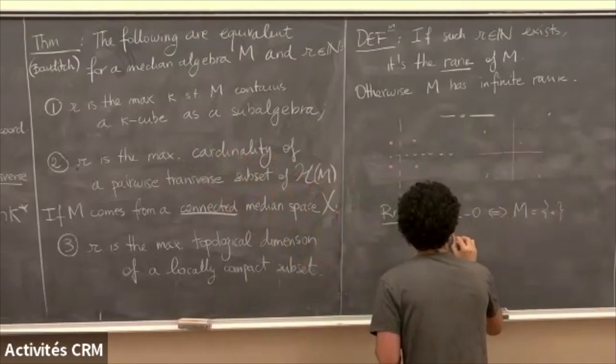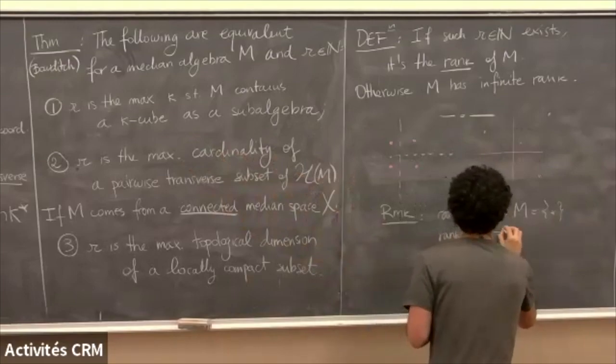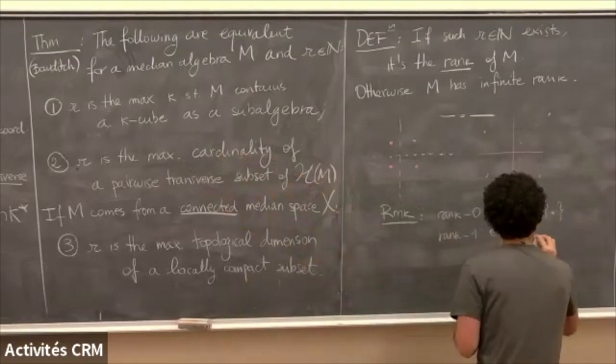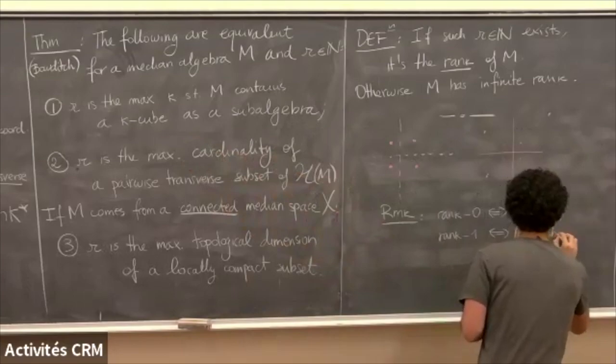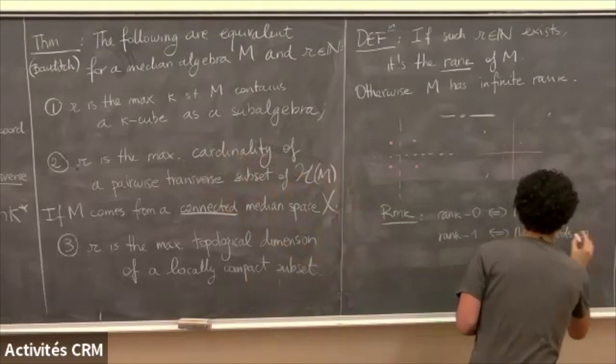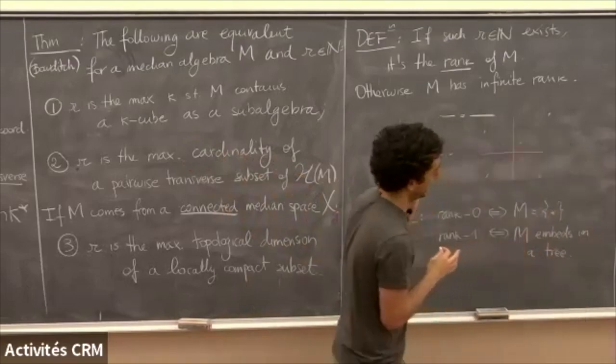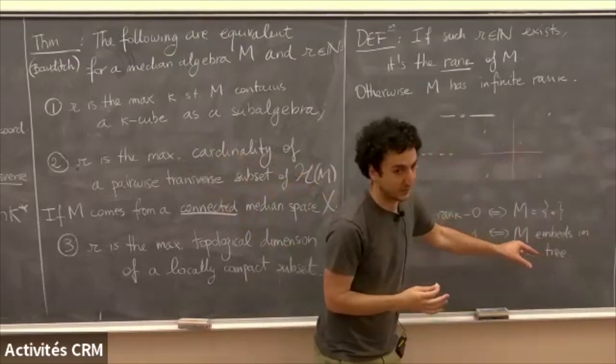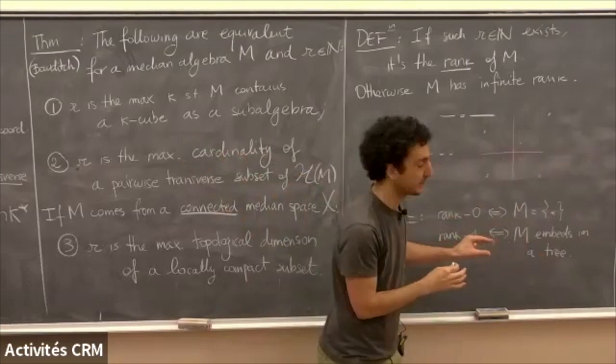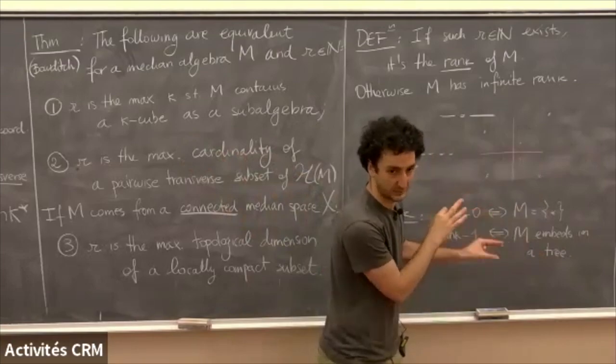And a median algebra will have rank 1 if and only if it embeds in a tree. And so if you want the tree to have a metric, there are some cardinality issues, but this is all an artificial problem, so let's forget about that.